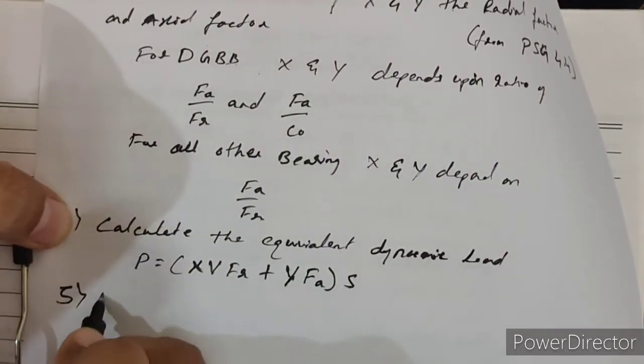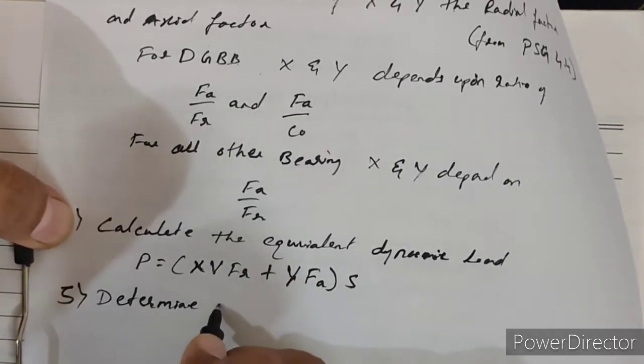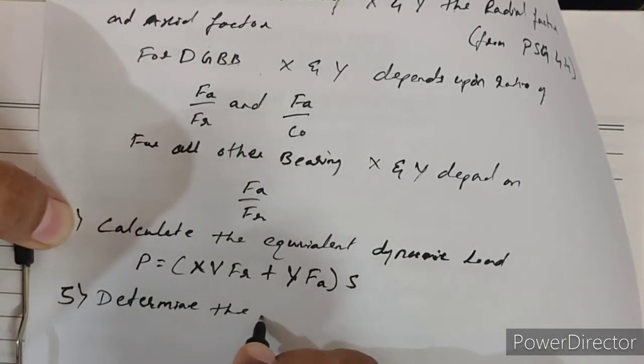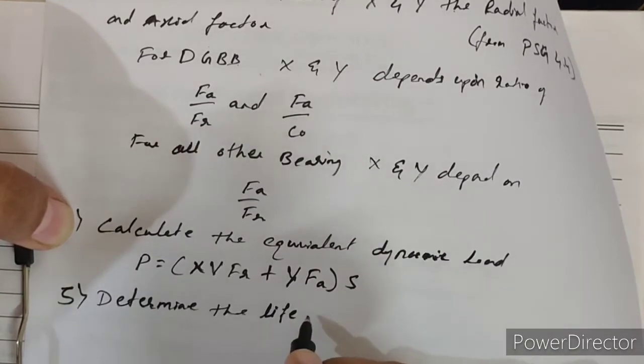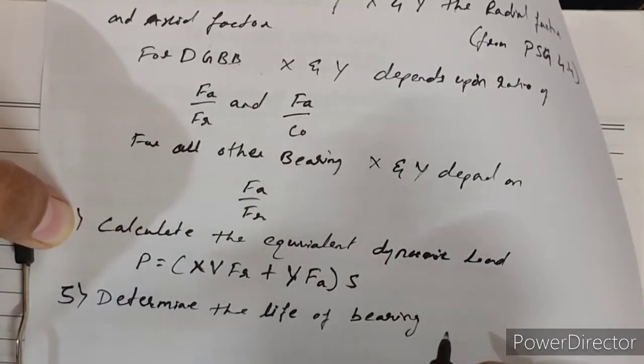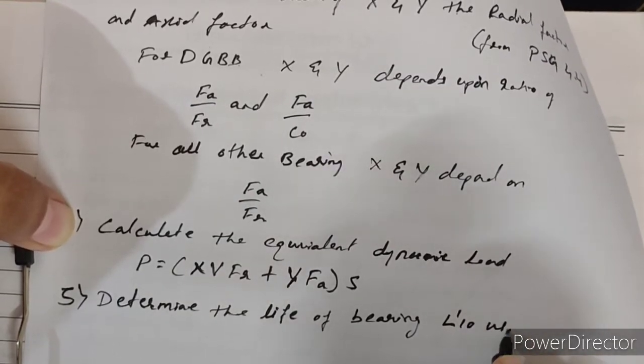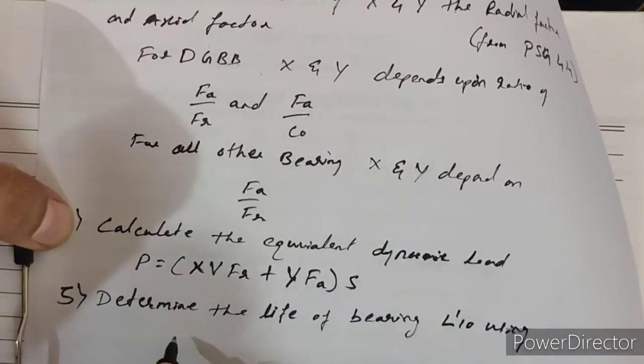Now fifth step, determine the life of the bearing. L'10, which is 90% probability of survival.